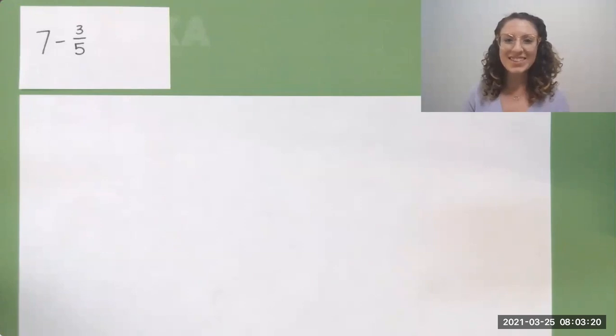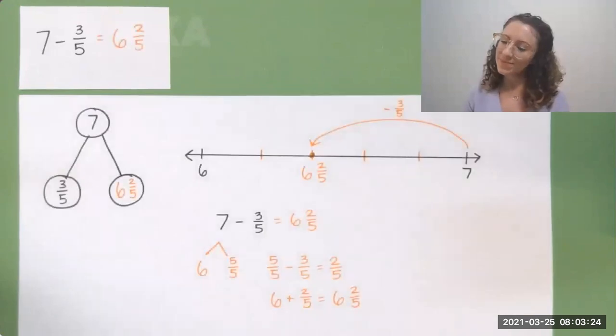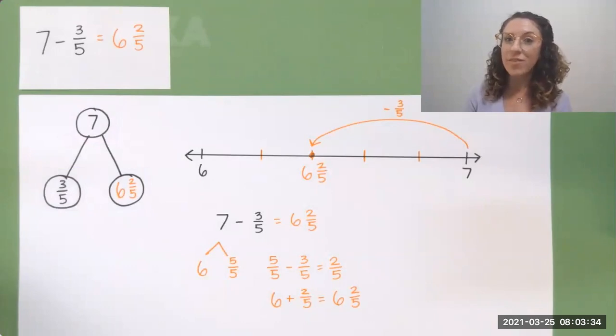Ready to check? Take a moment to compare your work with mine. Does your number bond have this total and these parts? Did you decompose 7 into 6 and 5/5? Were you left with 6 2/5 after subtracting 3/5?